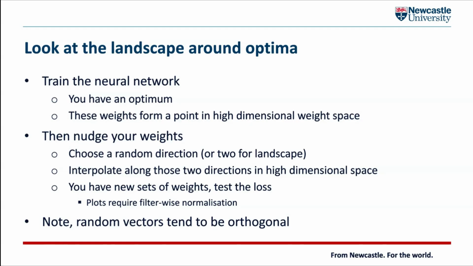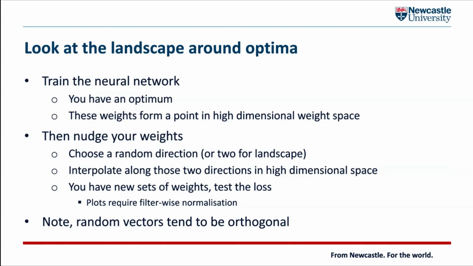So with those two random directions, okay, for each point in this plane, you're going to be able to sum up the addition of these vectors times a constant. Okay. For each point in this plane, you have a new set of weights, right?